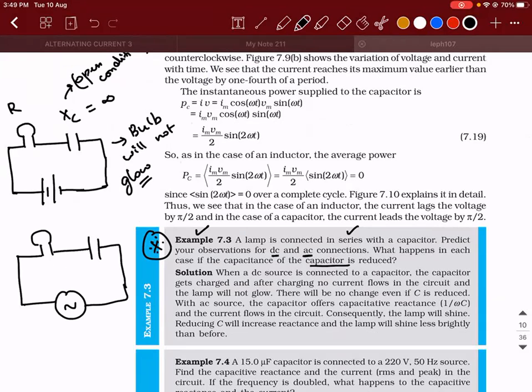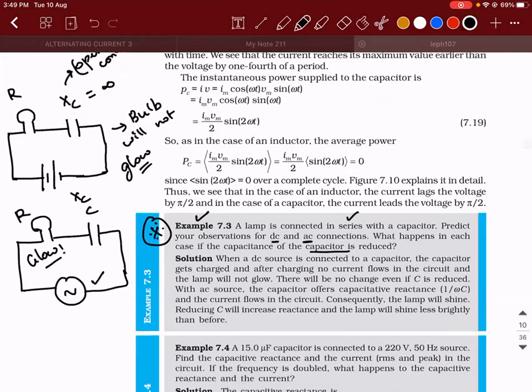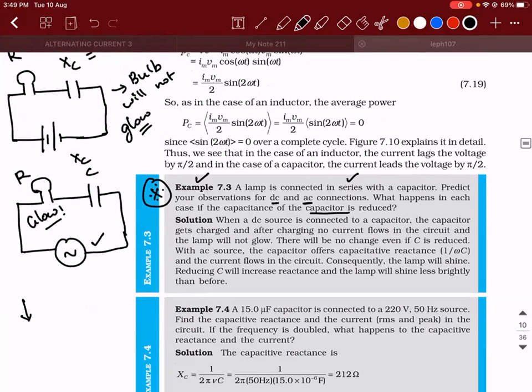Whereas when you have a resistor connected across a capacitor through an AC source, what would have happened? The bulb will glow, accepted. But when the capacitance is decreased, okay, when C is decreased, what will happen to XC?